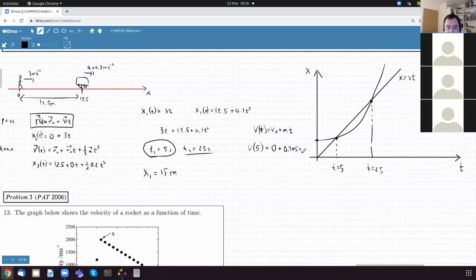Actually, 0.2 times 5 is 1 meter per second. And velocity at 25 is going to be 0 plus 0.2 times 25. Oh, 12.5.